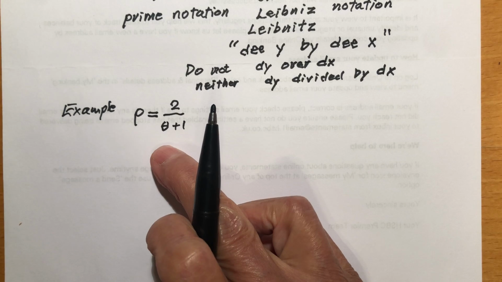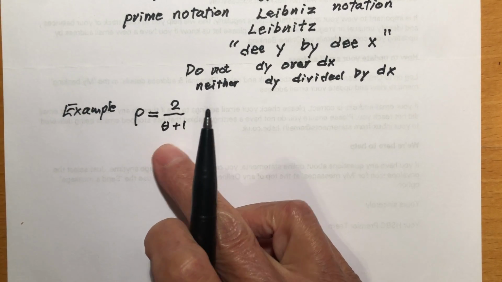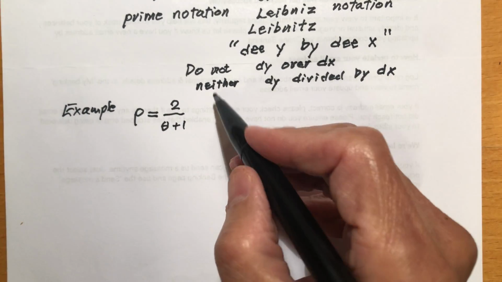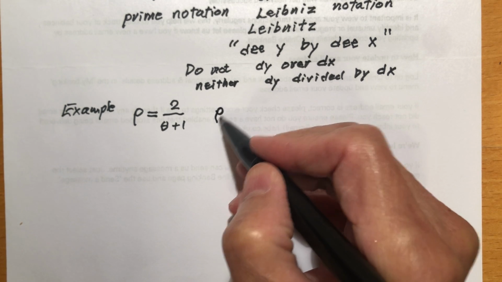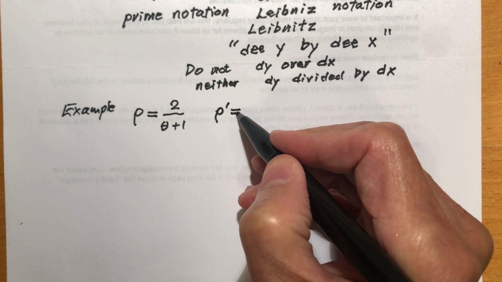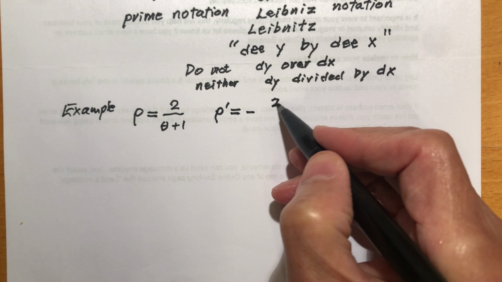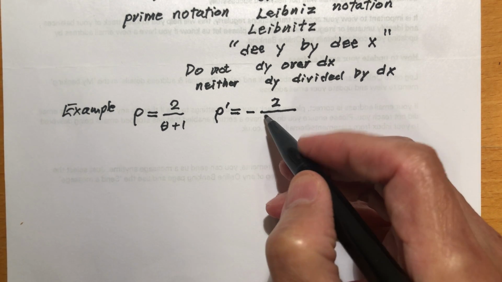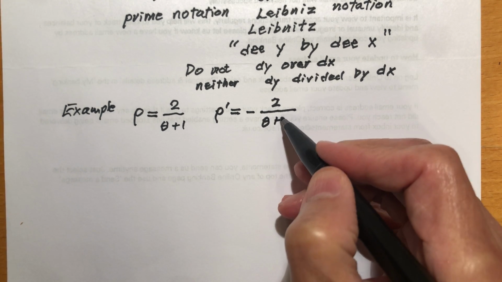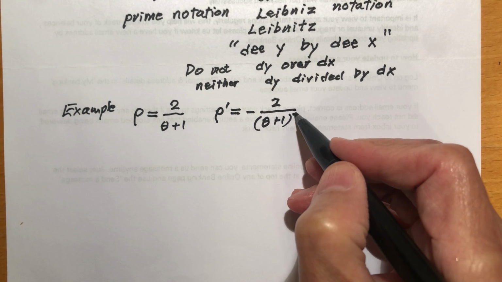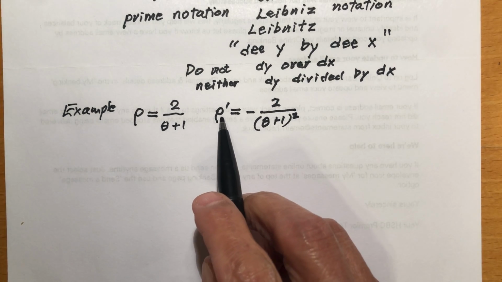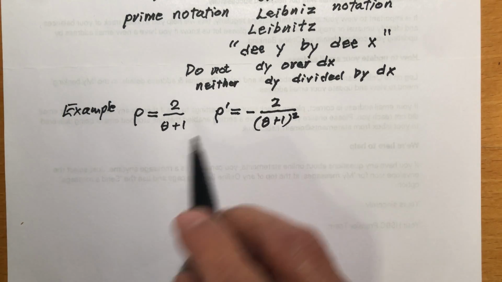We know how to do the derivative from previous lessons. And the result is the derivative is this. That's a prime notation.